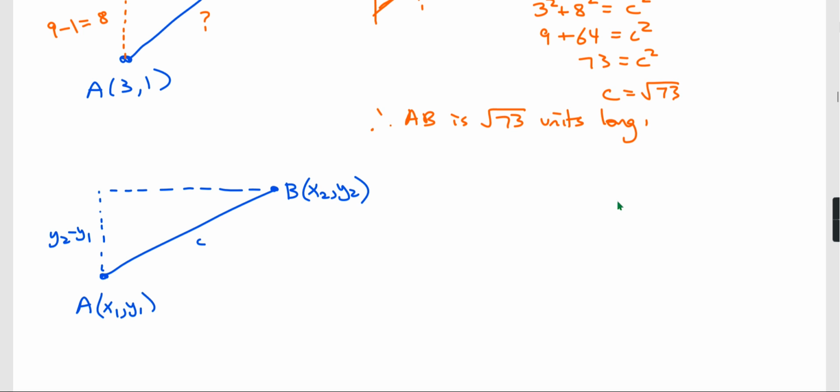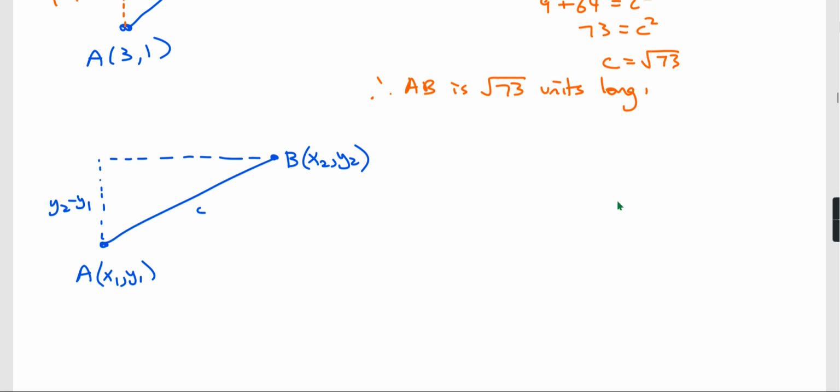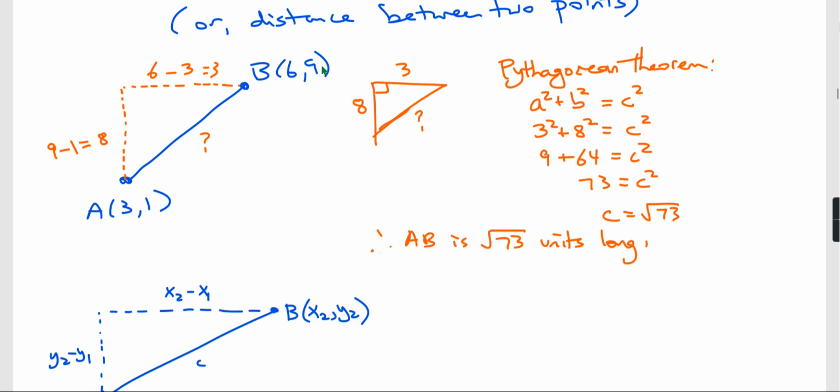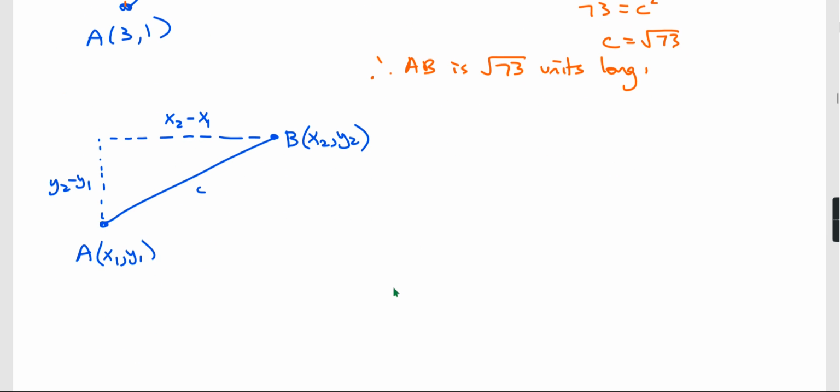Remember that rise is the difference in the y's, and the run is the difference in the x's. I'm starting at x1. I want to go all the way to x2. So my difference is x2 minus x1. Like in the other one up there, I was going all the way from 3 to 6, so the difference is 6 minus 3.